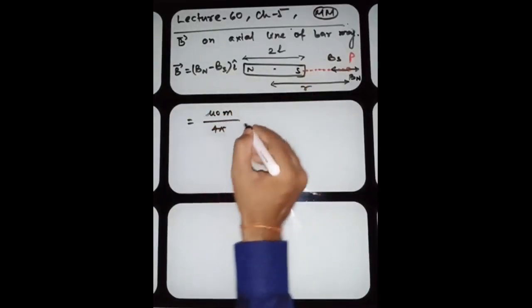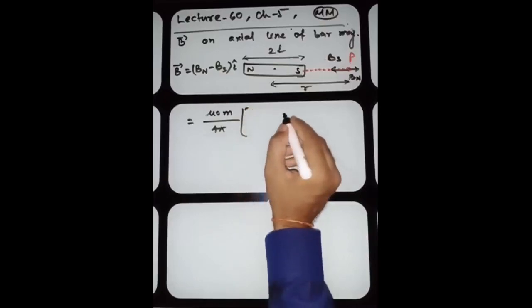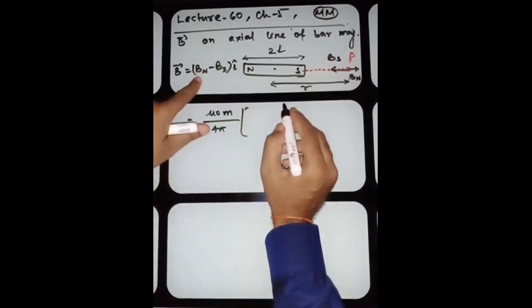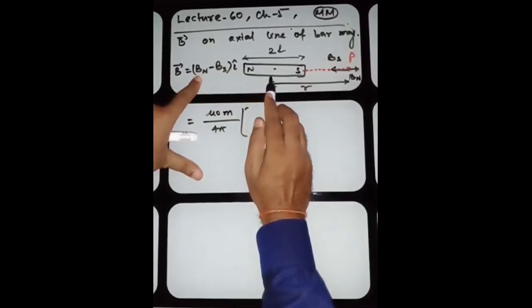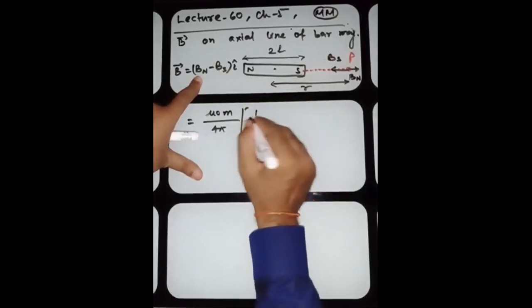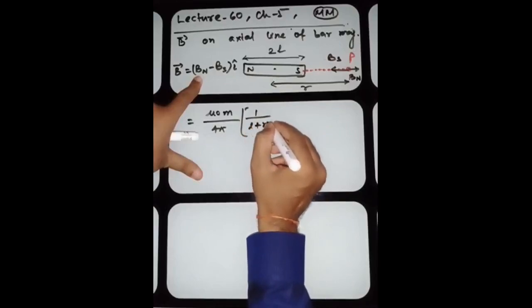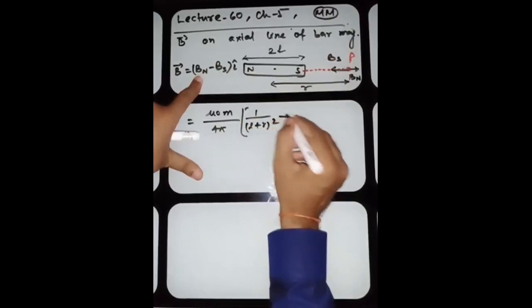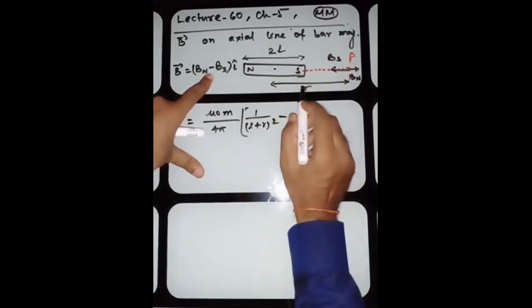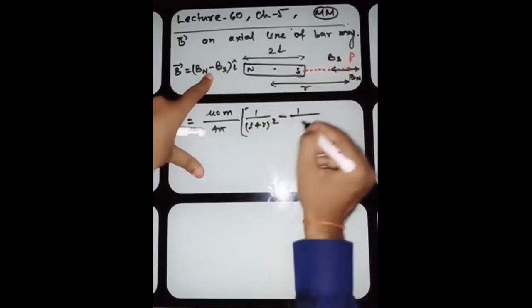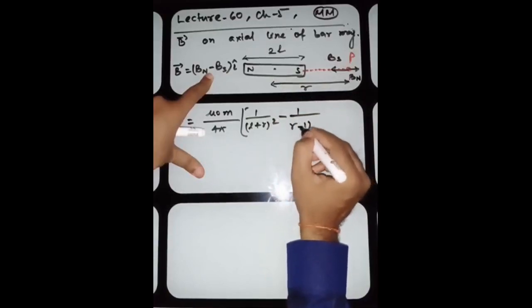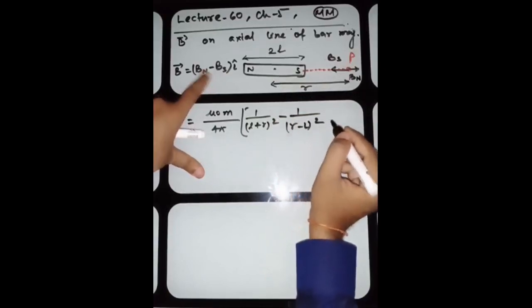Now the separation for the north pole is L plus r, so 1 by (L plus r) whole square, minus B south, where the separation is r minus L, 1 by (r minus L) whole square.